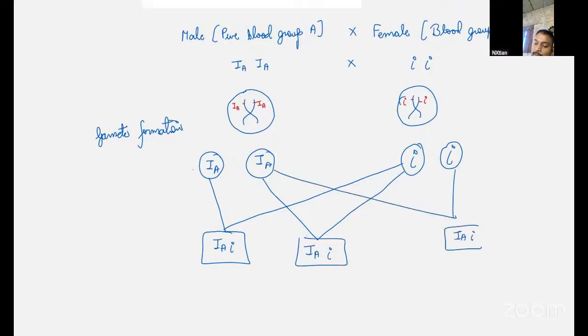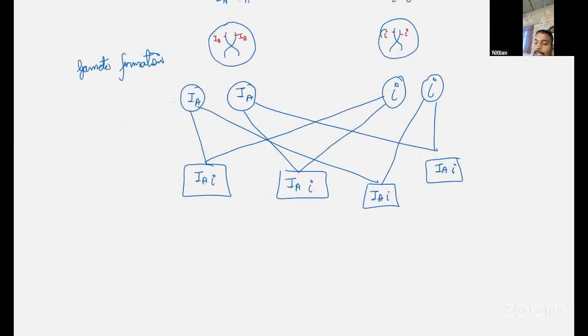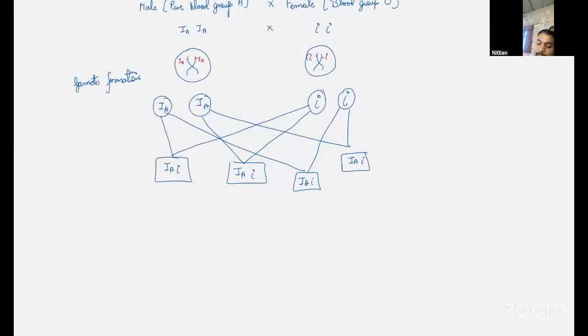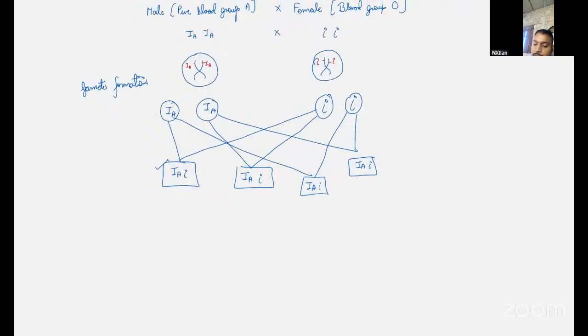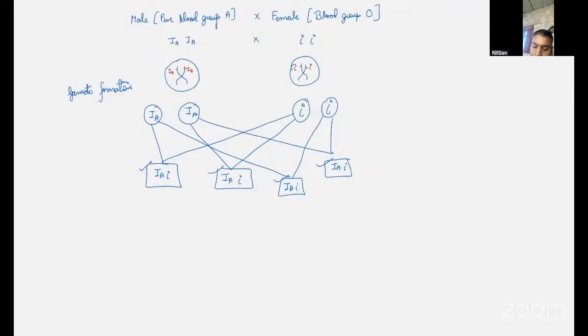And if this fuses with this, it will be capital IA and small i. So we can conclude that all the first generation children will have a 100% probability of having blood group A, because all of these show which blood group? A.